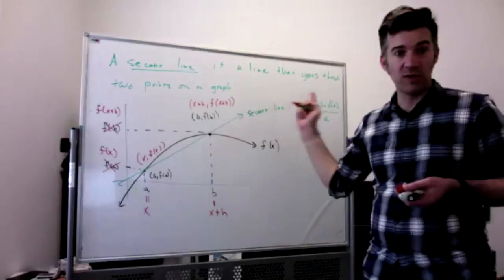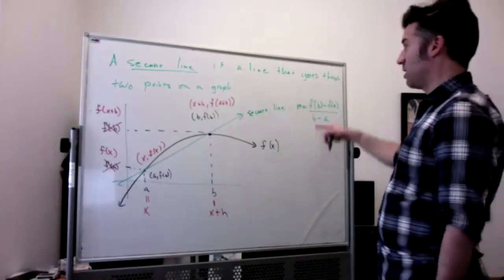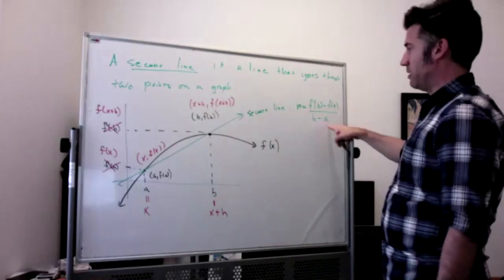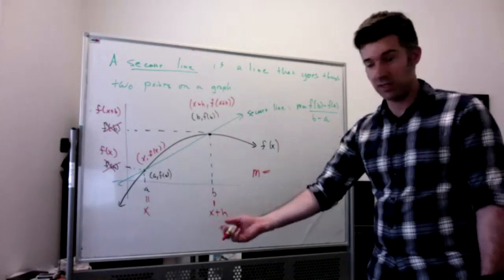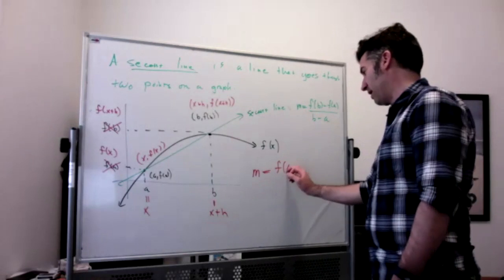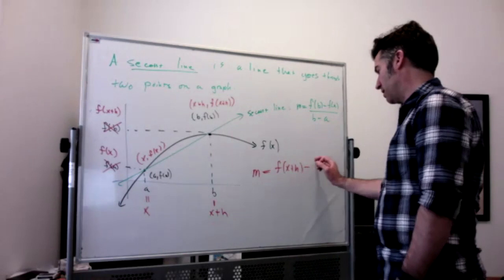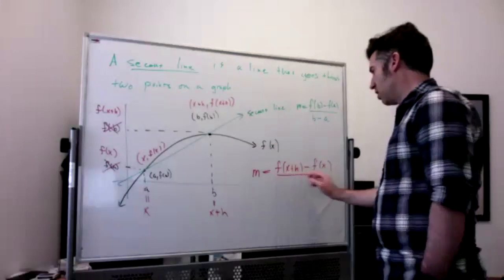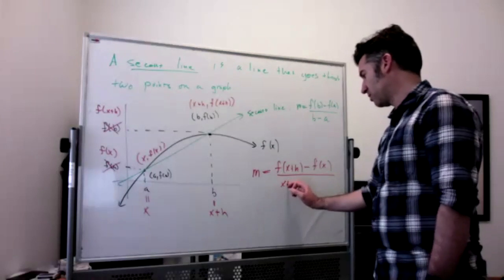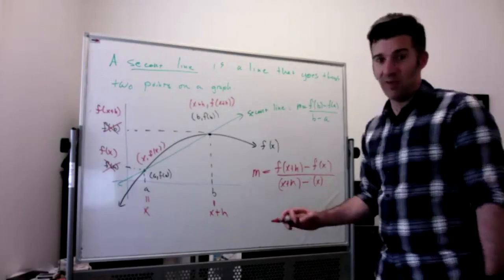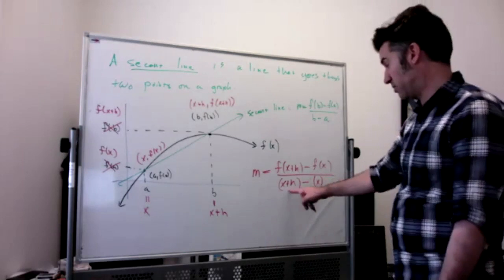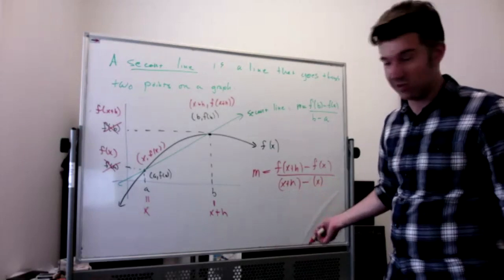And the slope between those two points, instead of being f of B minus f of A over B minus A, another way to calculate the slope if we call the things different names is f of x plus h minus f of x all over x plus h minus x. And we can simplify the denominator because in x plus h minus x, the x's cancel.